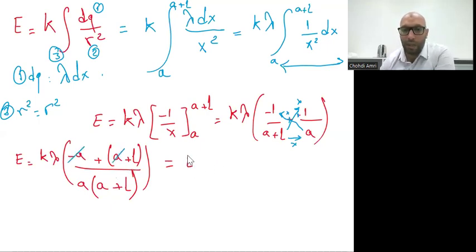So the result is K lambda L divided by A times L plus A.